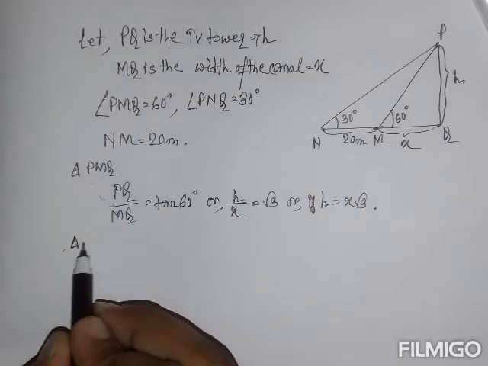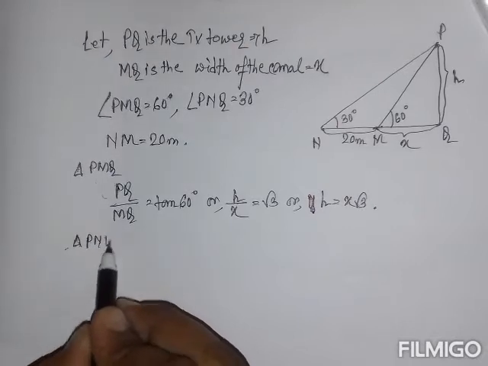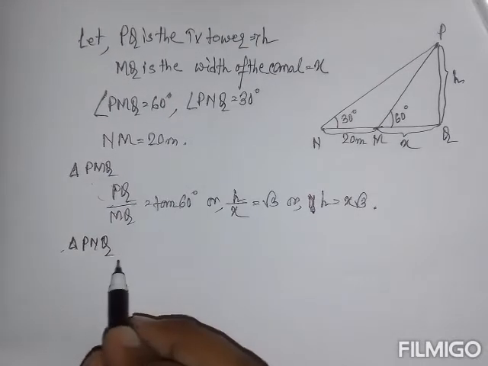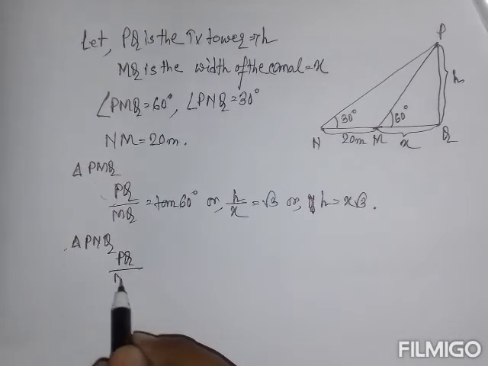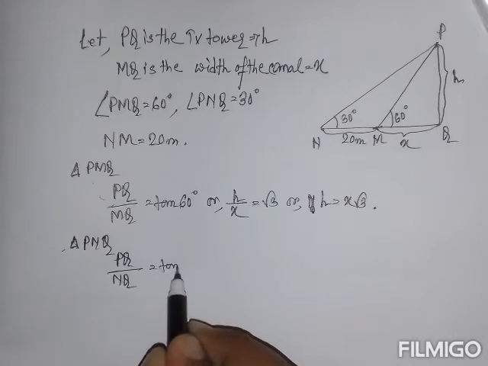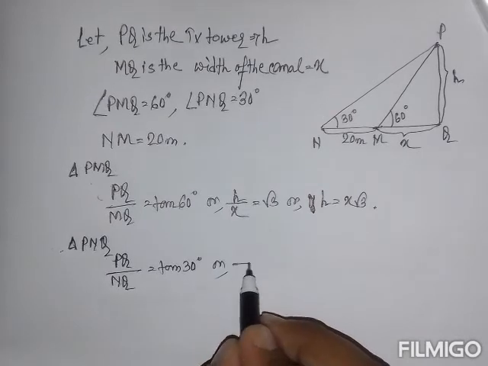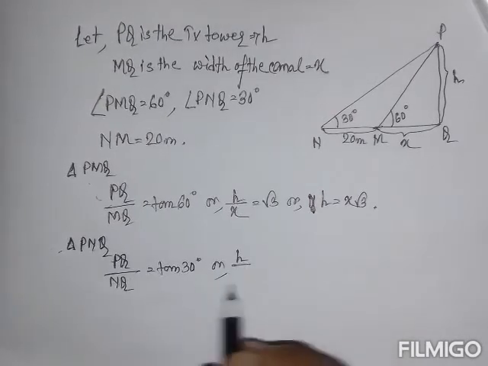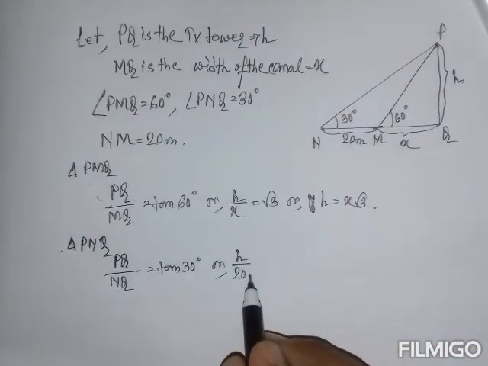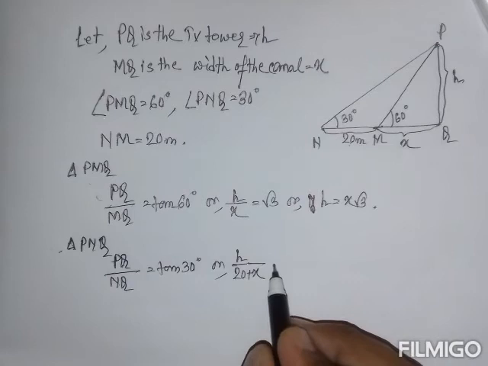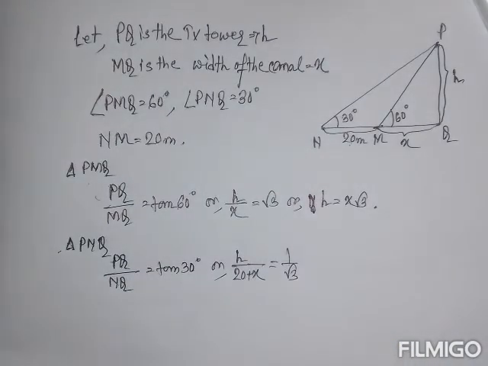Same from right angle triangle PNQ, PQ by NQ is equal to tan 30 degree, or PQ means H and NQ means 20 meter plus X, 20 plus X is equal to tan 30, which means 1 by root 3.